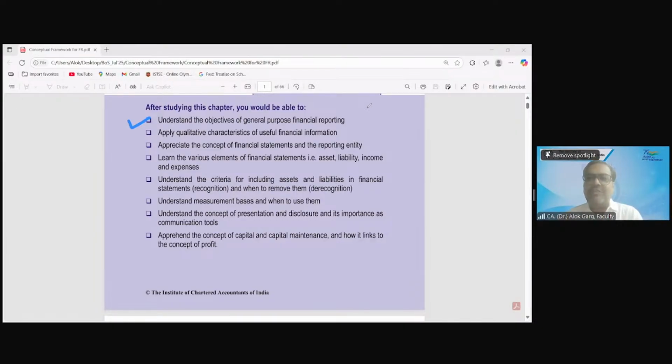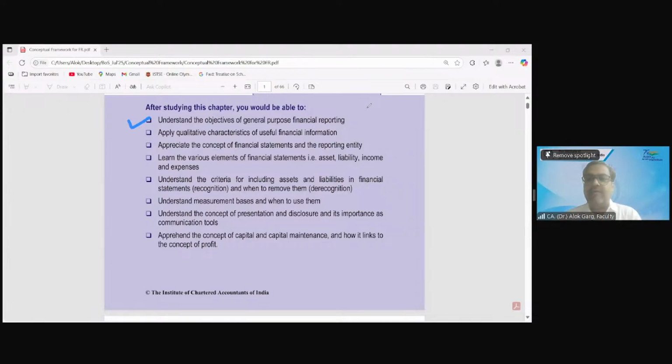General purpose financial statements are those available to the public at large, prepared in accordance with the relevant accounting standard of the country, like Ind AS.